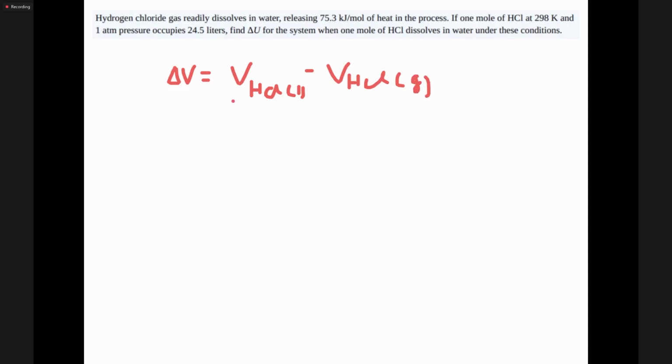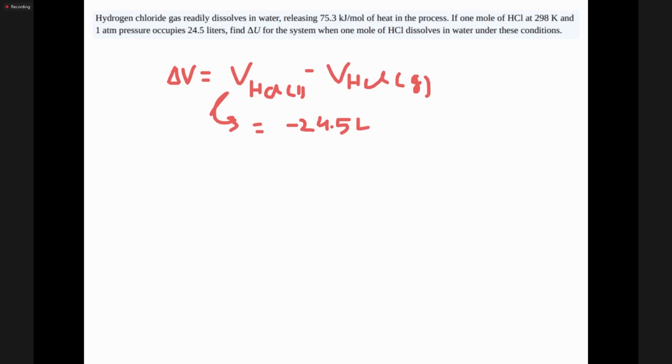Now see, according to our assumption, since the volume of the HCl liquid is very small in comparison to the volume of HCl gas, if we neglect this term, assuming it to be almost zero, we will have only the volume of HCl gas, which is minus 24.5 liters.